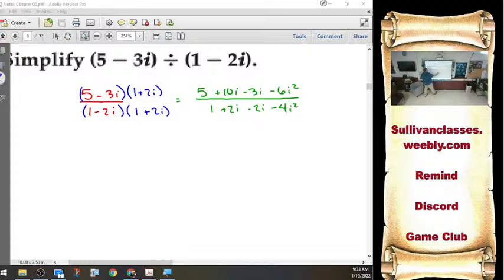And then I know that i squared is negative 1, so this is now plus 6. I know that i squared is negative 1, so this is now plus 4. And I know that these two will cancel, because this term becomes real.